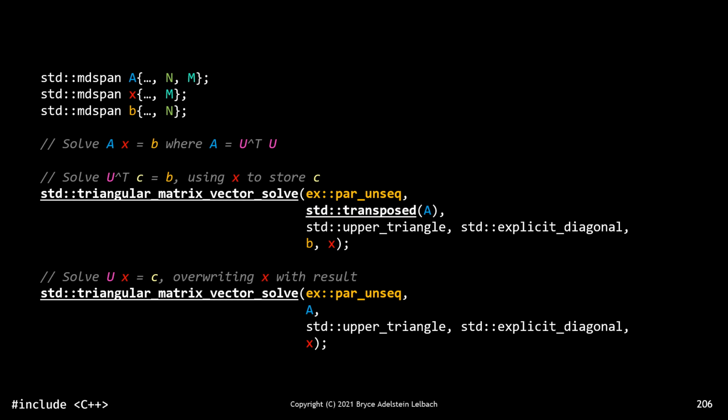As with today's C++ algorithms, we're planning to have serial and fork-joined parallel overloads of linear algebra algorithms. In this example, where we solve a system via upper triangular Cholesky factorization, we'd want to chain the two operations together and launch them asynchronously. In the future, we imagine we'll have asynchronous sender-adapter forms of these algorithms that will allow you to do that.